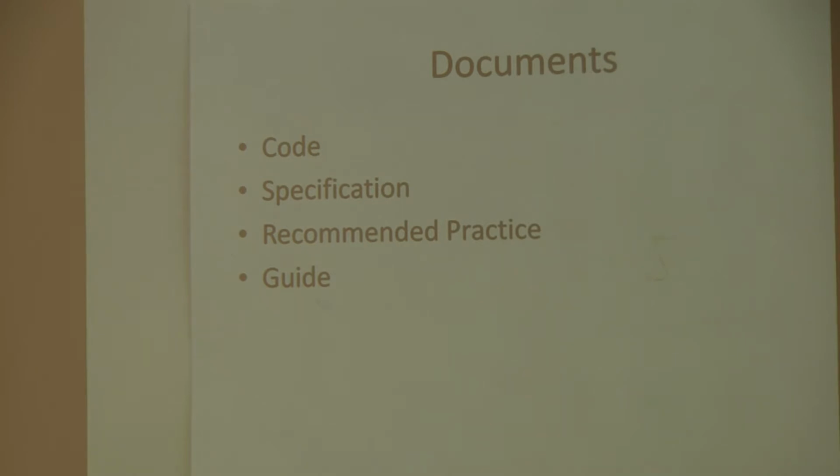It's just not a code. It's just not mandatory. And then there's even one level down as a guide, and that just provides information on proven methods to accomplish certain tasks. And so, for example, there's a guide for the visual examination of welds. It says, if you're going to look at welds, you're going to examine them, these are the kinds of things you should be looking at.